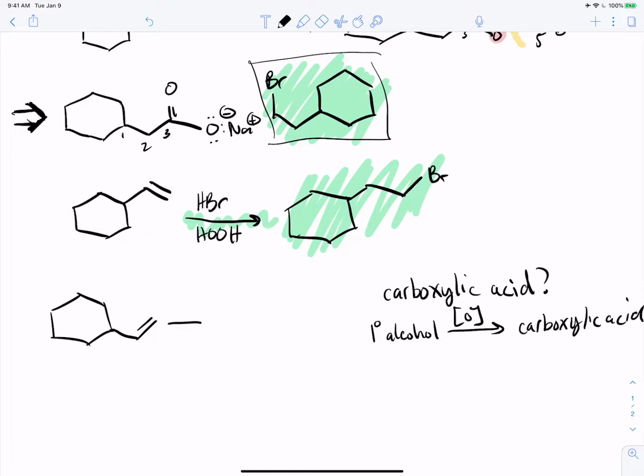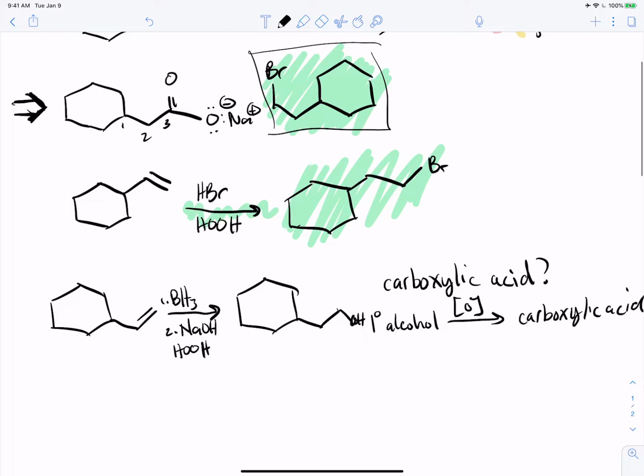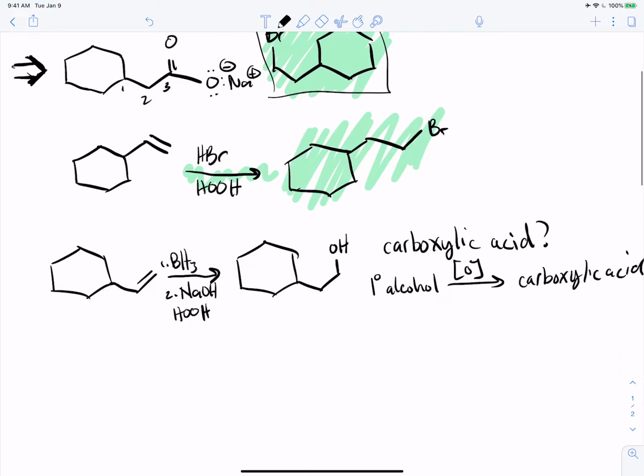Okay, so I just want to make this into a primary alcohol then, which I know how to do. That's some of the very first chemistry we learned, is I will take BH3 and work it up with sodium hydroxide and peroxide, and that gives me a primary alcohol. Of course, I don't want the primary alcohol.